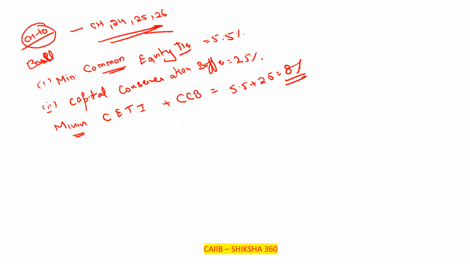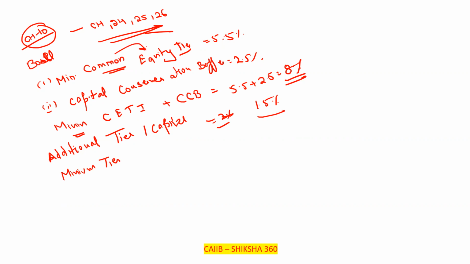So 8%. What is the additional tier 1 capital? Here we require 1.5%, not 2%. So with additional tier 1 capital at 1.5%, we get the minimum tier 1 capital ratio.